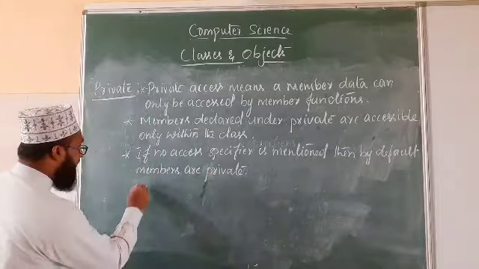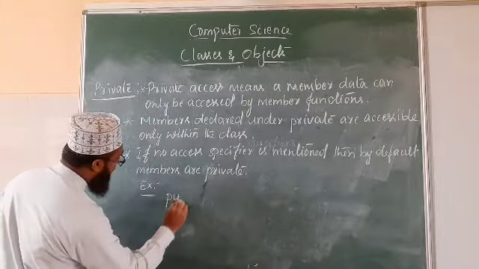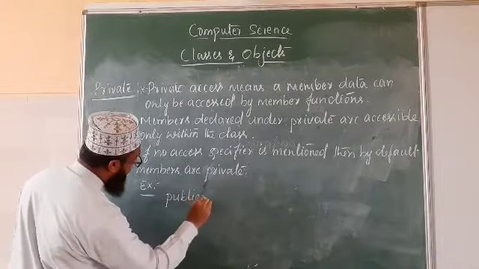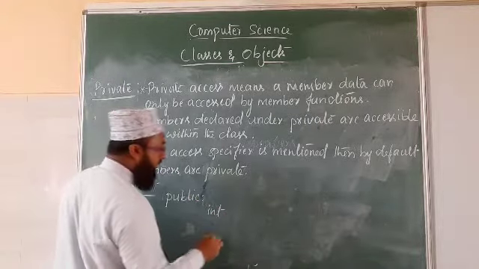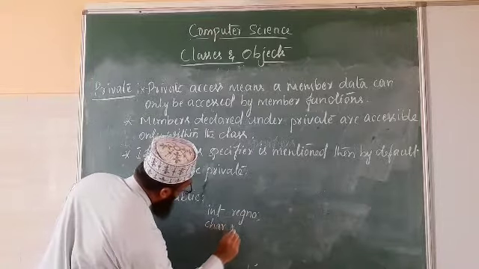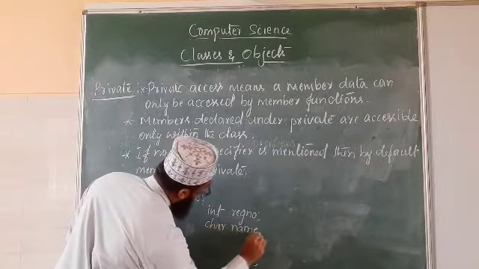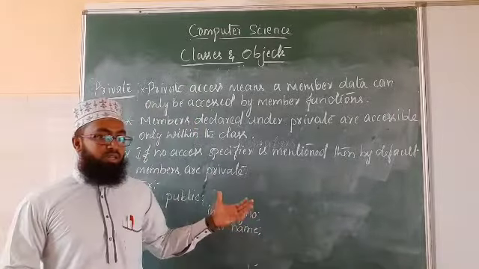Now take the example. How can we give the example? Here public, then int, you give int register number, then char name, etc. In which way you want, you can give.